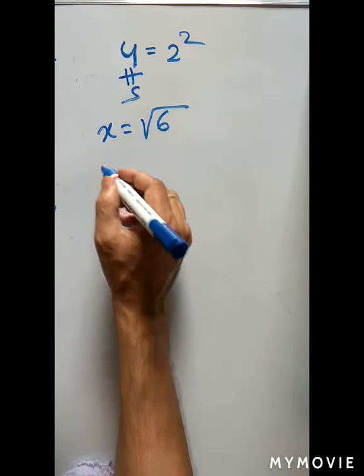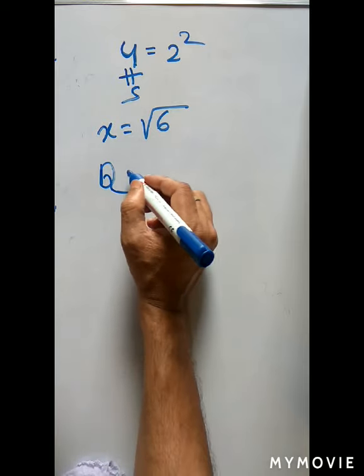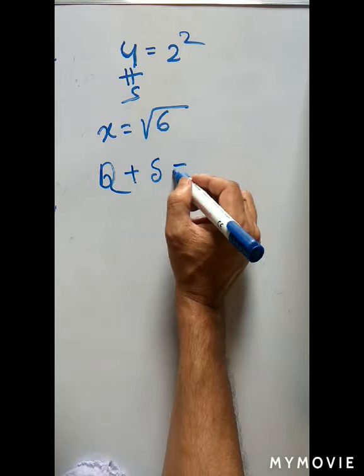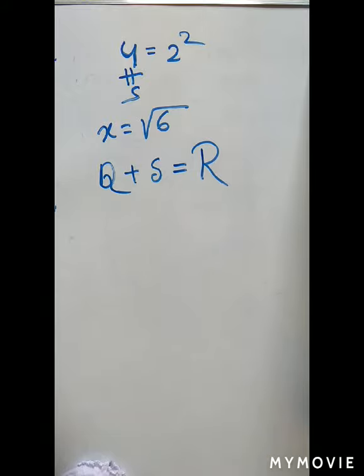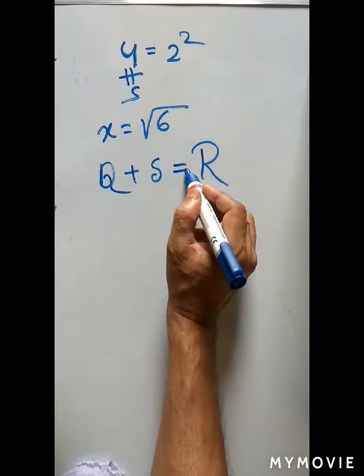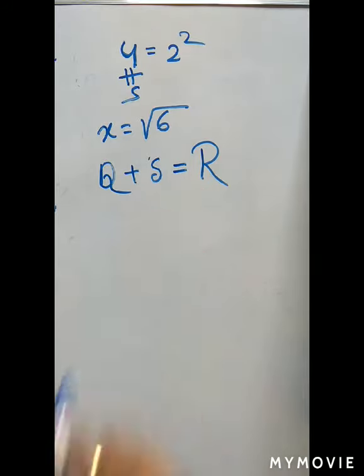Now we can say the rational numbers, represented by Q, and the irrational numbers, represented by S, both come under a new number set called the real numbers. Or we can say the real set is the combination of the rational set and the irrational set.